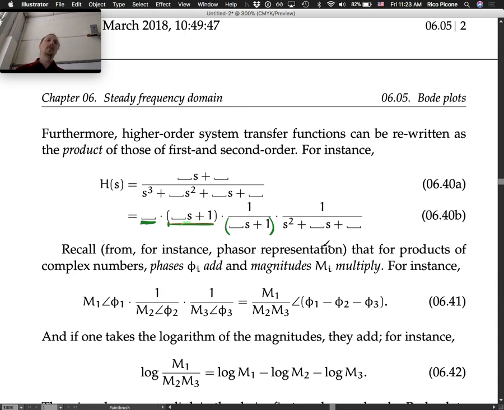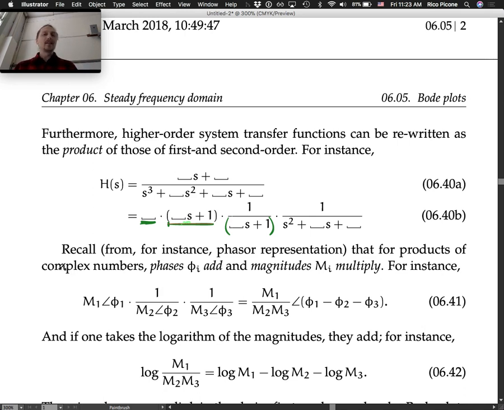Maybe I can even factor that, depending on if it would be complex or not. If it's real, I would want to factor it out into first order systems. If it's complex, I would leave it as a conjugate pair and leave it second order. But essentially, I'm showing you that you can rewrite this as a product of first and second order systems. Okay? So that's the big idea there.